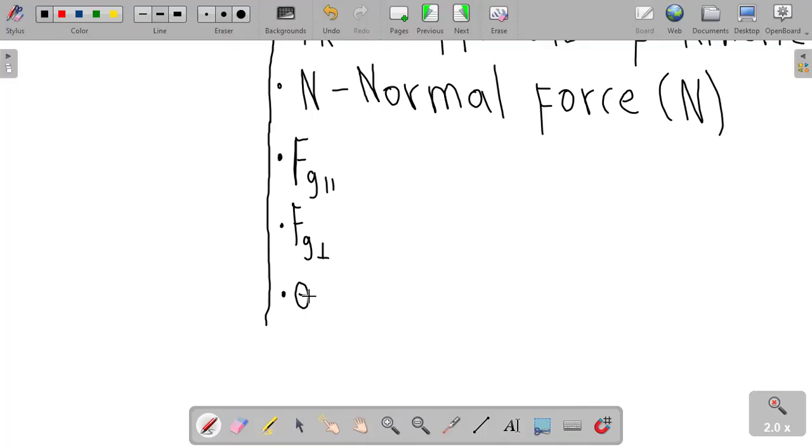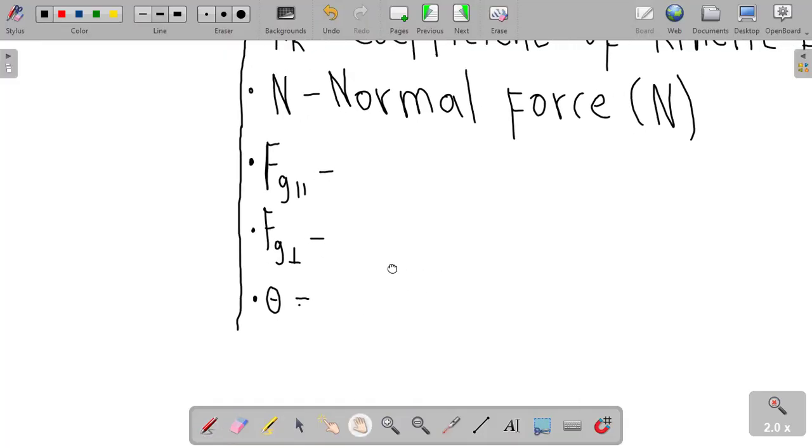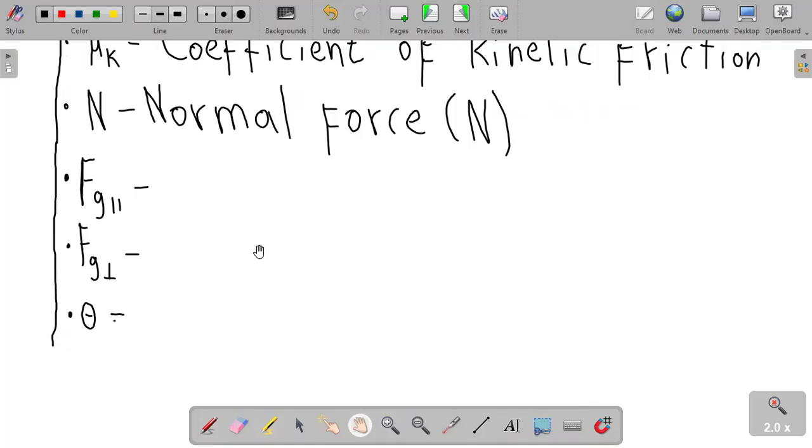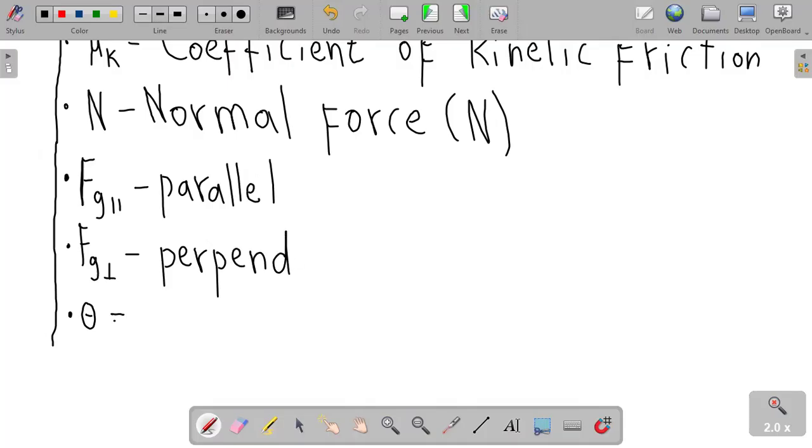And then there is theta. This is a component of gravity. So two lines here, it's parallel. Then this is perpendicular.